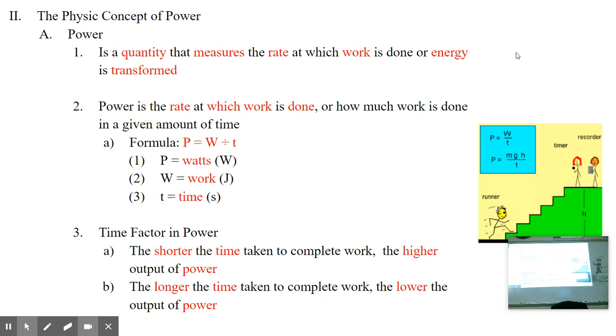But in regards to power, since time is a factor, if you walk or if you run up a set of stairs will overall determine a different amount of power between those two scenarios. So walking and running up the stairs, same amount of work, but different amount of power.